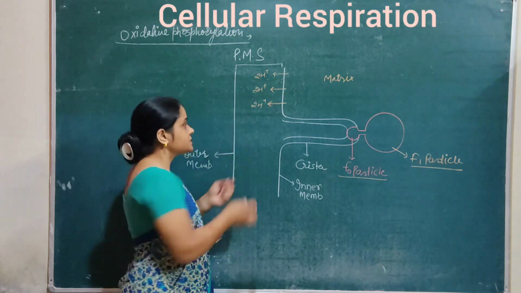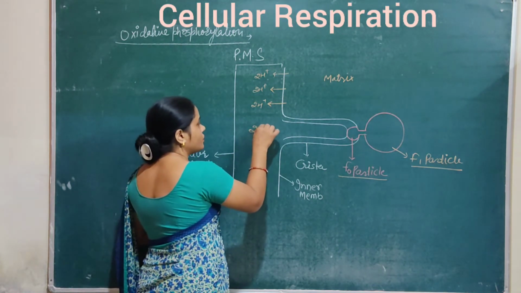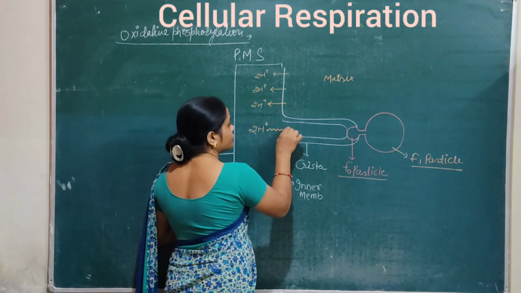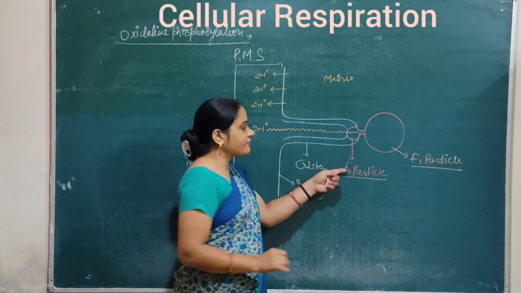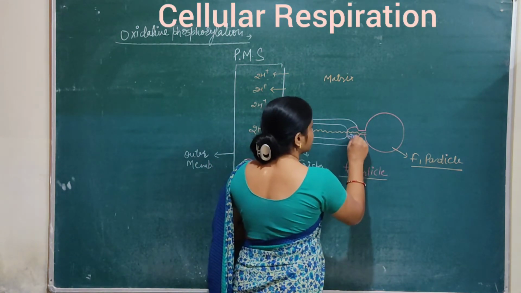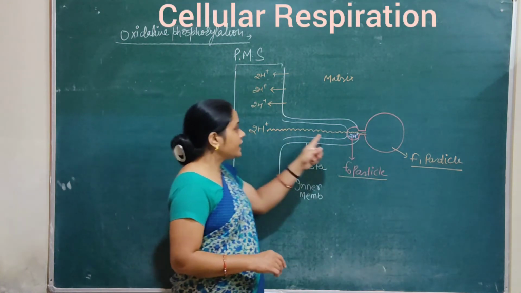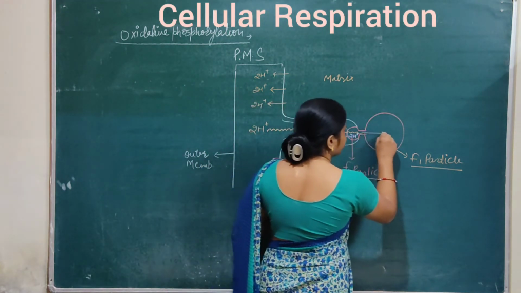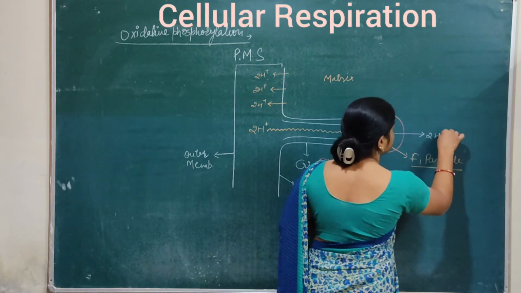Now what will happen? From this perimitochondrial space, the 2H positive ions with a high amount of energy are taken by this F naught particle. This F naught particle receives 2H positive from this perimitochondrial space, and these H positive with the high energy are transferred to the matrix part again.